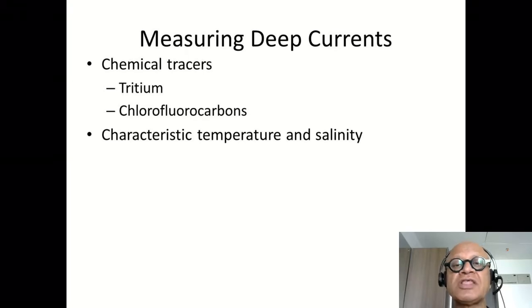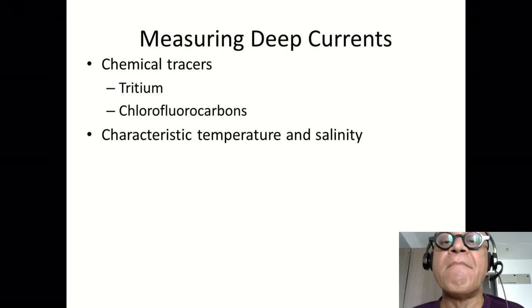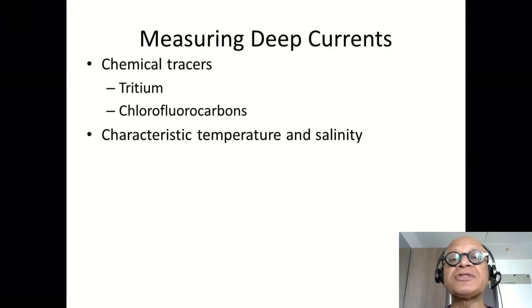Deep currents, on the other hand, we said have vertical and horizontal structures, and they are often measured very indirectly because they move much slower than the surface currents. I said most ocean currents are at centimeters per second, so just a few kilometers per day, whereas the deep currents are just a few kilometers per year.